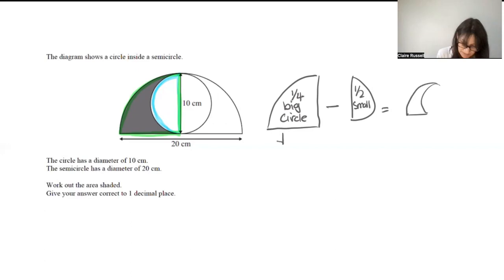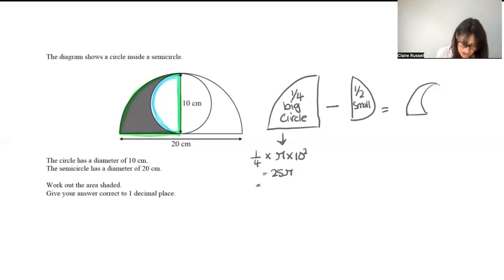So let's work on this bit first. A quarter of the big circle means to do a quarter of, or a quarter, or divide by 4 at the end, whatever works for you. Pi r squared, which is pi times, the radius will be 10. When you do this, you will get 25 pi.